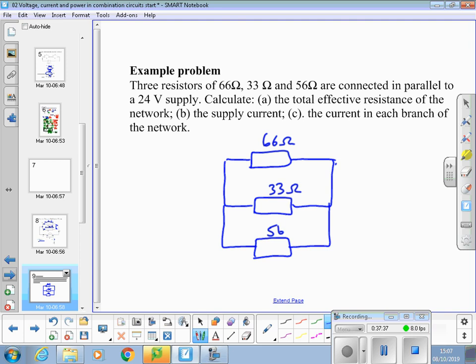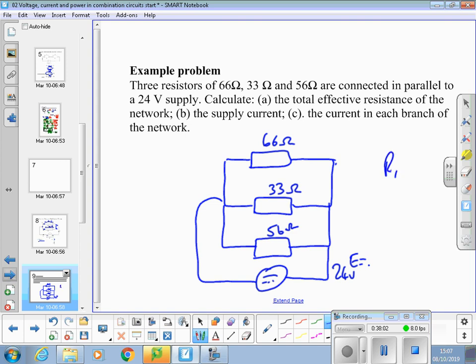But when you start getting trickier numbers, the ratio way becomes more tricky. Ohms. All of that connected in parallel to a 24 volt supply. Calculate the total effective resistance.